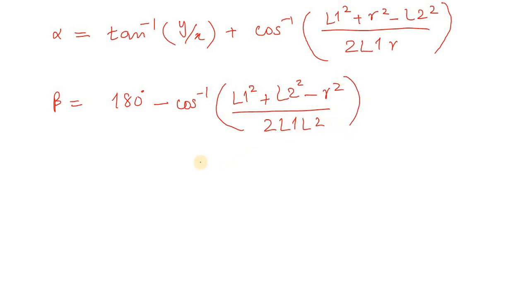Yeah, so it means that we can calculate the value of alpha and beta angles if we know the location of your end effector. If you know the xy coordinates, then you can easily find the angle beta and your angle alpha.